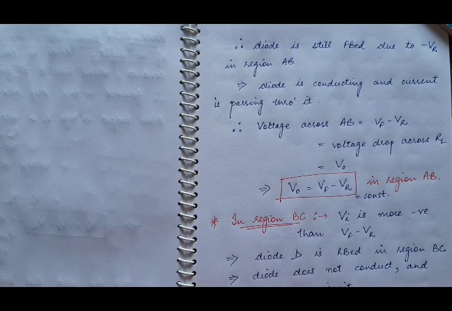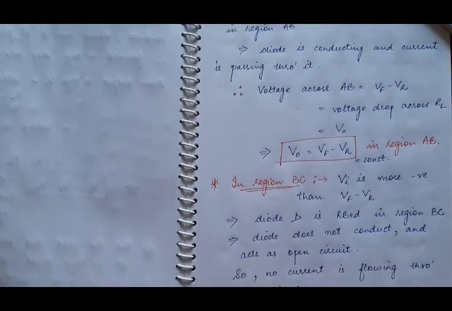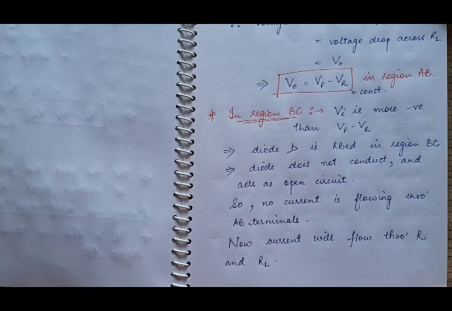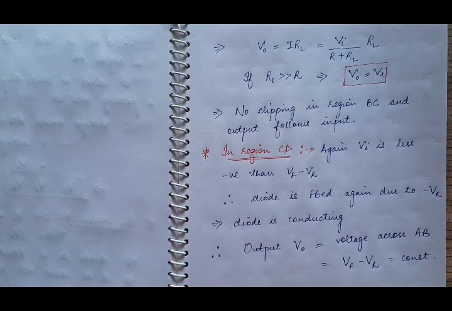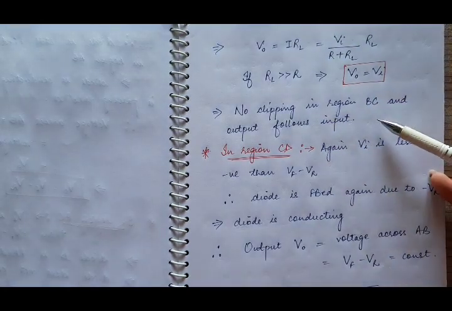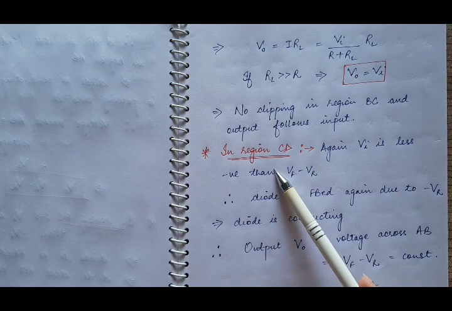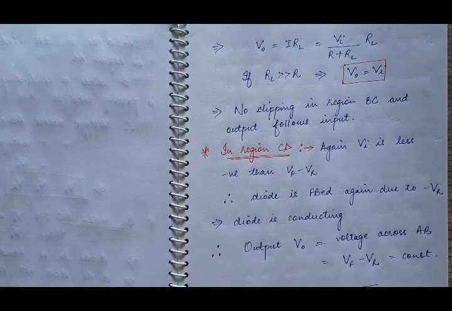First we have discussed region AB, then region BC, so this is the behavior of the circuit in region BC, and then the behavior of the circuit towards the input signal in region CD during the negative half cycle of AC input.